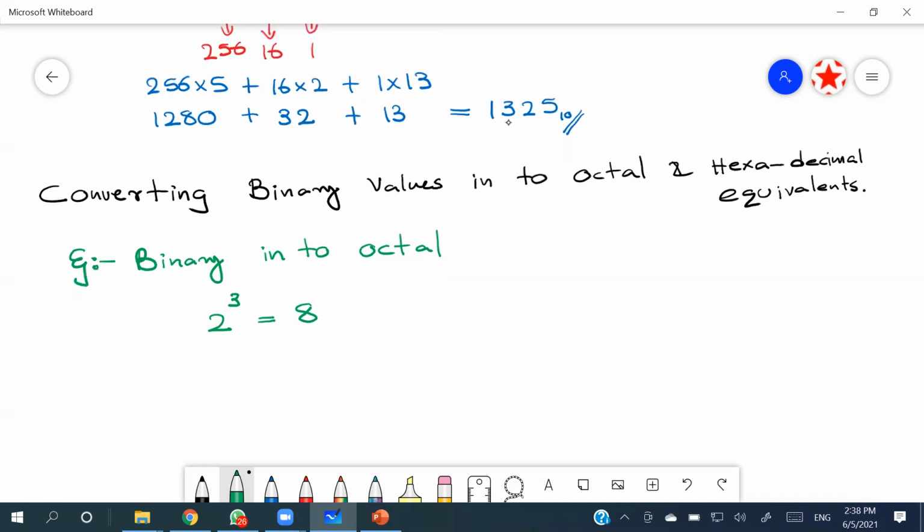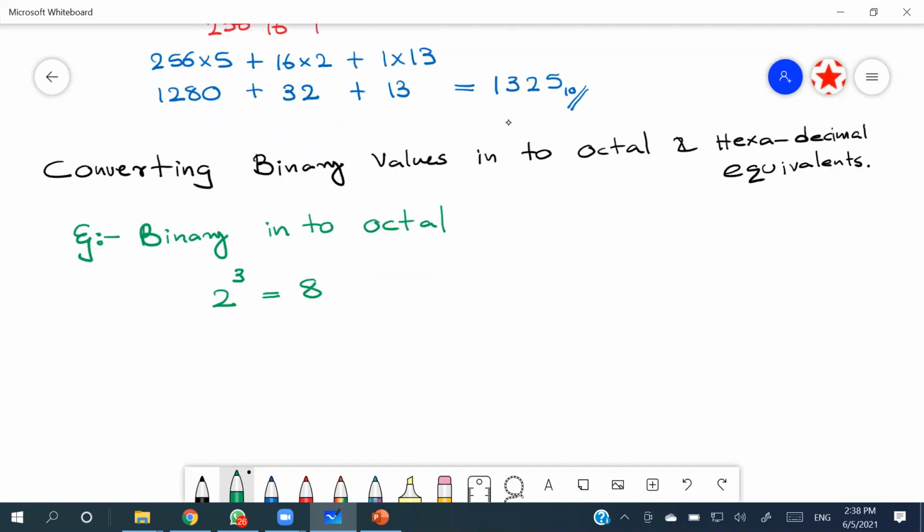Now, if we are given to convert this value, let's say 1 0 1 1 1 0 1, this is a binary value, and you are asked to convert this into an octal value.